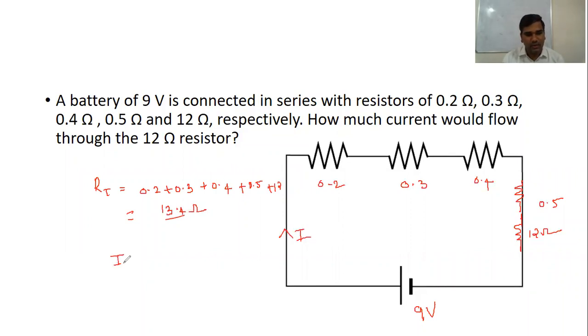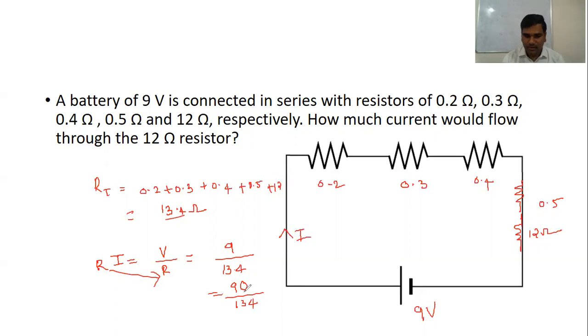And we know V is equal to IR. This is the formula. I is equal to V by R when I am rearranging this. So V is 9, RT is 13.4. When I rearrange this, 13.4 can be written as 134, or 90 by 134 I can write.